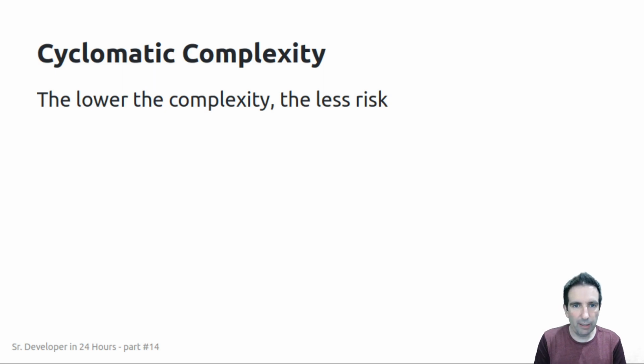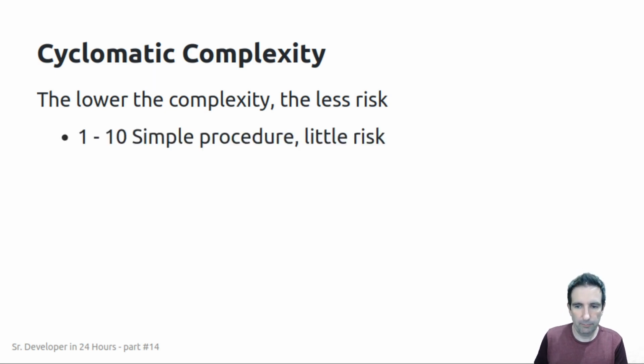All right, so as you can see in those examples, the lower the complexity, the easier it is to understand the code. And obviously, the lower the complexity, the less the risk. So how can we apply this? These are some very basic guidelines that are normally used. If we have a complexity that goes from 1 to 10, we're talking about a simple procedure, very little risk.